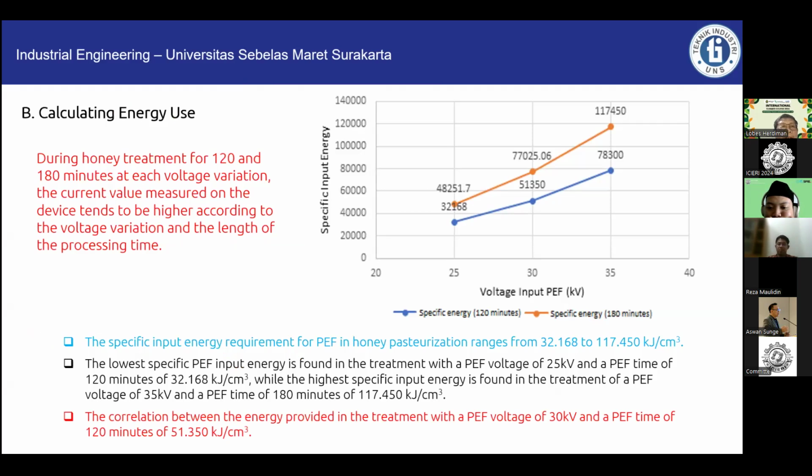Calculating energy use, the specific input energy requirement for PEF honey pasteurization ranges from 0.16 to 117.450 kilojoule per centimeter cubed.